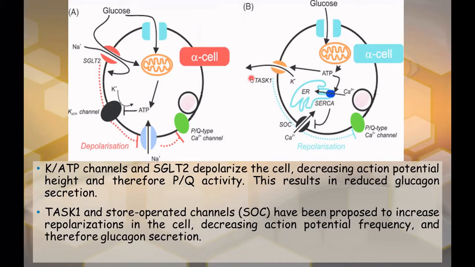So the potassium channel and the SOC, or the store operated calcium channels, which will mobilize the endoplasmic reticulum calcium concentrations, will cause a repolarization in the cell, which decreases the action potential and therefore glucagon secretion.